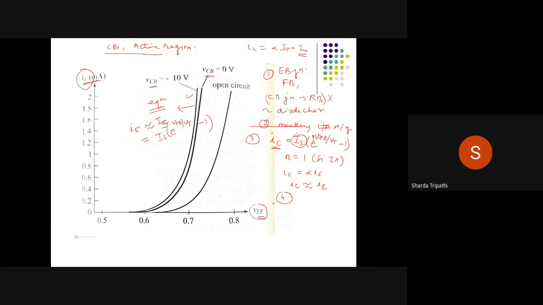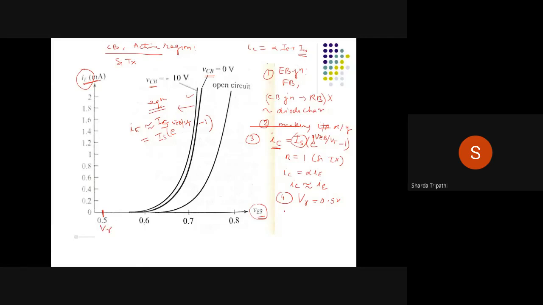Okay. So now the fourth observation over here is about the cut-in voltage. If you remember from our discussions on the diode characteristics, initially the current value will be very low until you reach a cut-in voltage, which is defined by V gamma. And after V gamma, the forward current is going to increase. For the case of silicon transistors, the value of this cut-in voltage is around 0.5 volts. So this is where I mark my V gamma or the cut-in voltage.